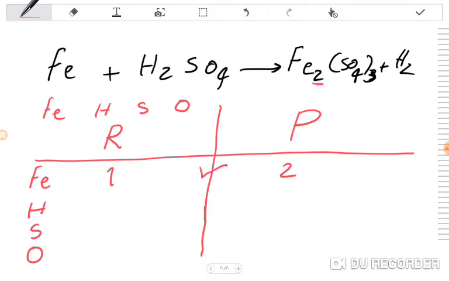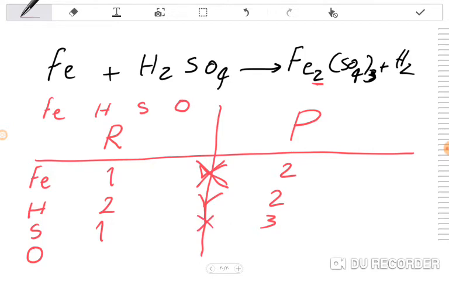Iron is not balanced. The number of hydrogen on the left side is 2, and on the right side we have 2. Hydrogen is balanced. The number of sulfur here is 1, on the right side 3 SO4, 3 times, so the number of sulfur is 3.